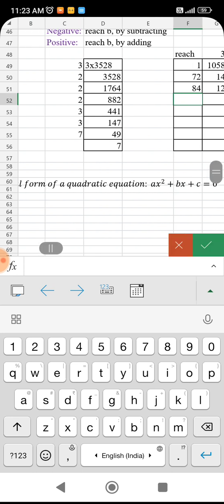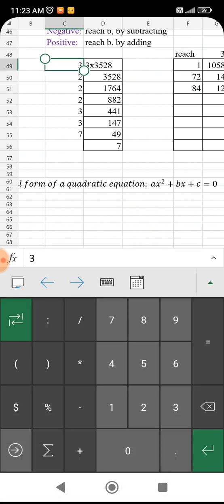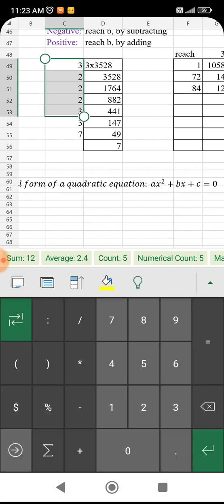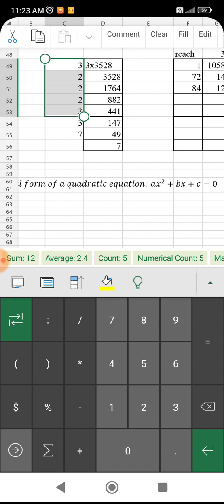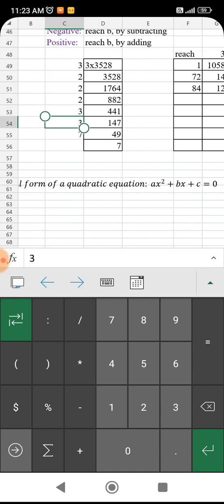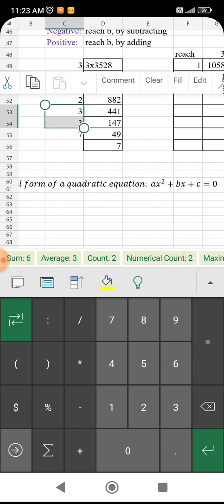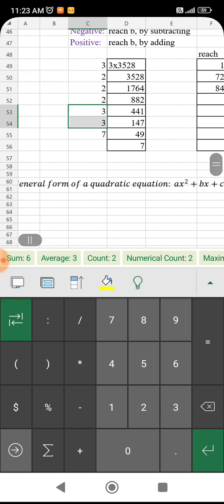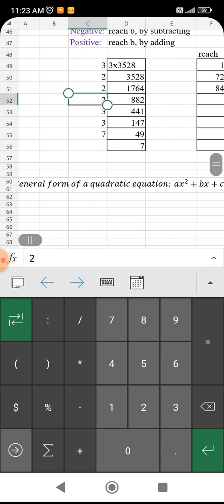Let's check these three values. Oh, we have checked this 4 already. So we have to check 3 threes are 9, 9 twos are 18, 18 into 2.